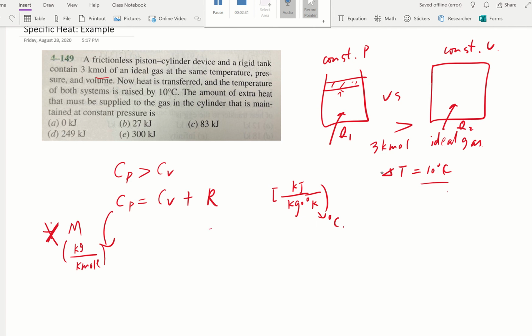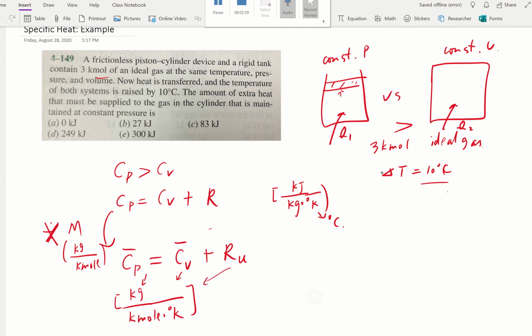So here we get our Cp with a bar, which will have a unit of kilojoule per kilomole per Kelvin. That's going to be equal to Cv bar, with the same unit, plus Ru, because R becomes Ru, which has a unit of kilojoule per kilomole per Kelvin.